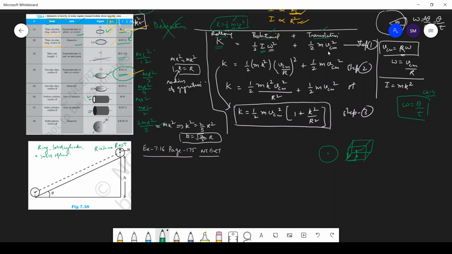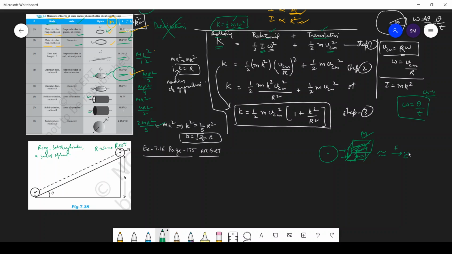Whenever an external force is applied on this body, suppose I am pushing this cubical block with mass m, I assume that this point C is the center of mass, and the whole force is applied on this center of mass.